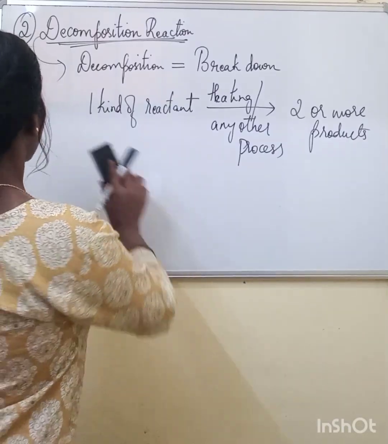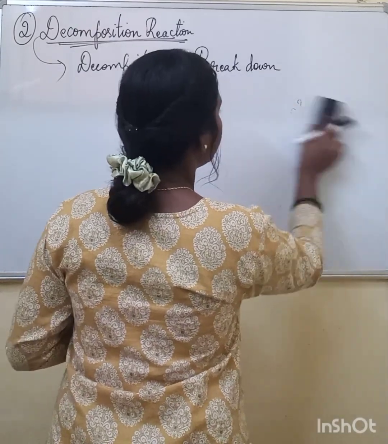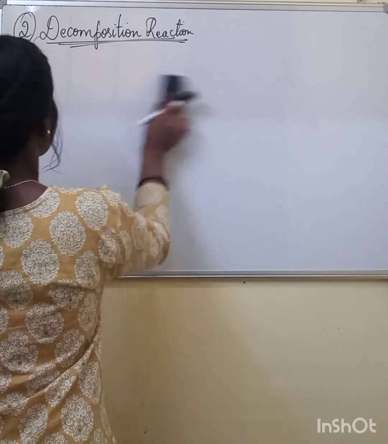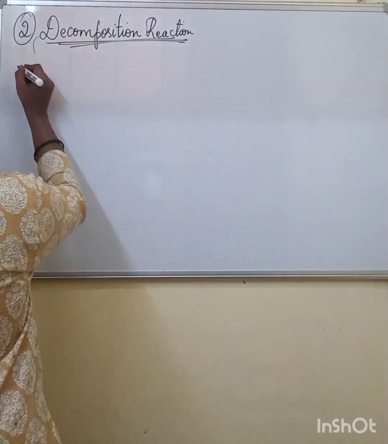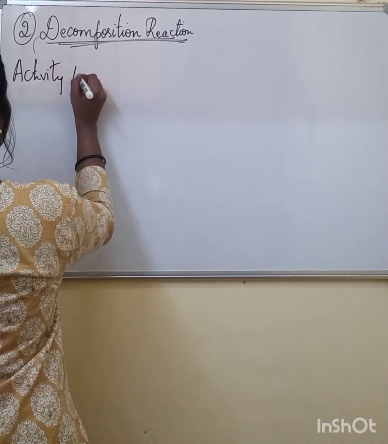Now let me explain you this reaction with an example. There is activity 1.5 in your textbook.